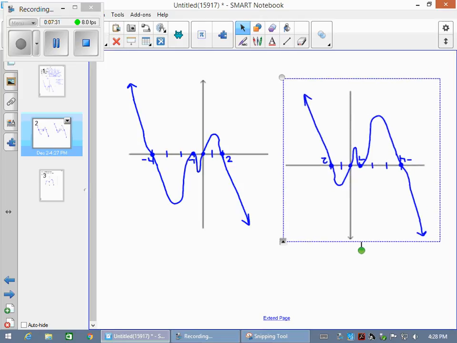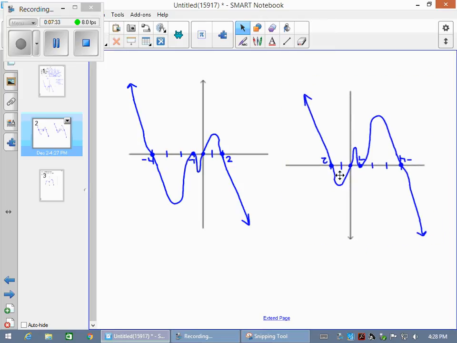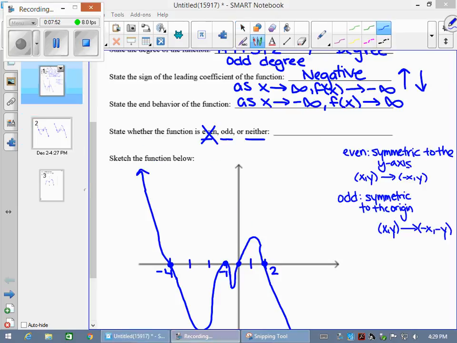If they looked the same, then I would know that there's symmetry to the origin, but we can tell right now that these graphs do not appear to be the same. Every x, y ordered pair is not mapping to another -x, -y ordered pair on the graph. So this function is also not odd, so it would be neither.